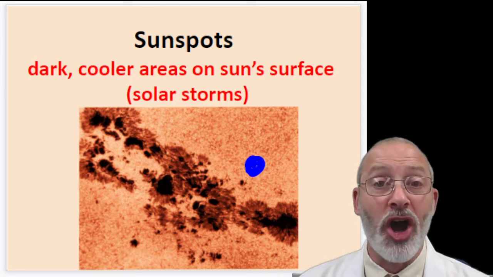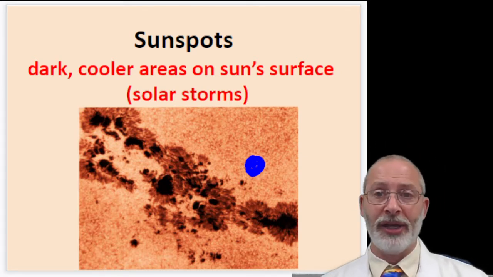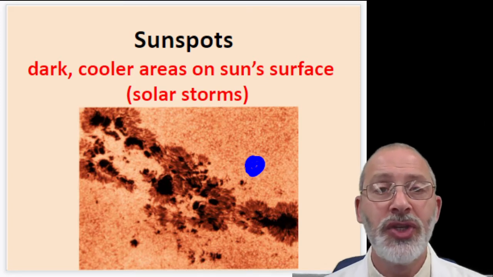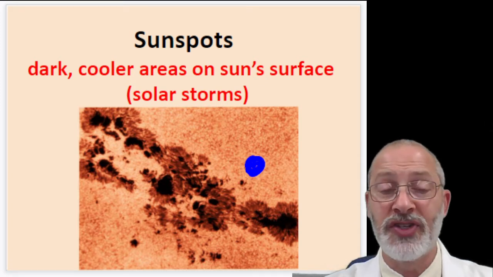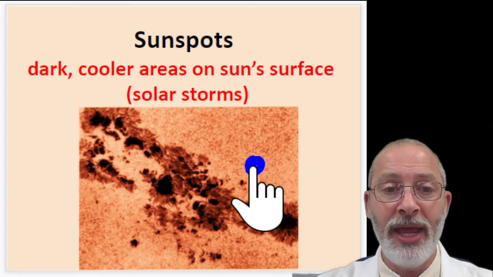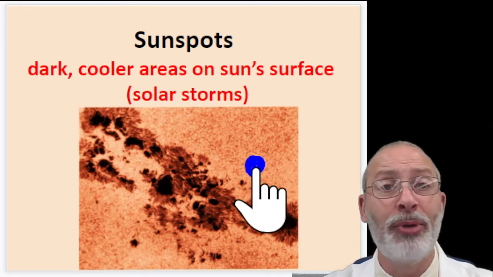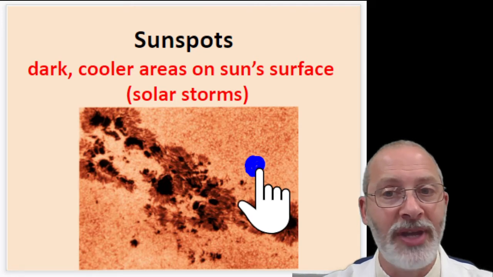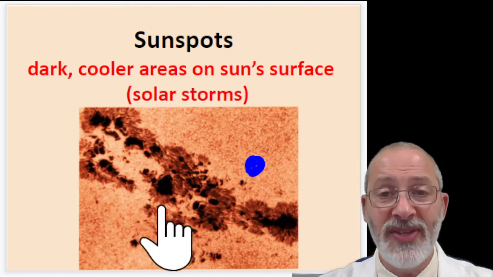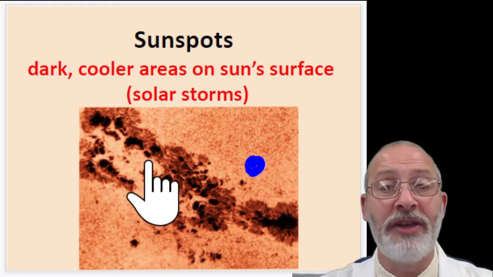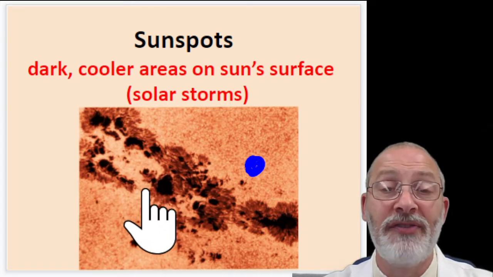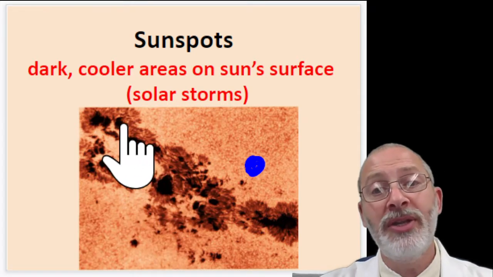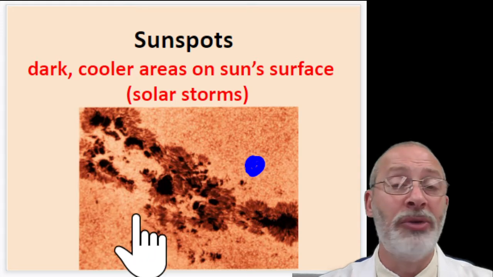Sunspots are dark, cooler areas on the sun's surface. Now, for scale, I've drawn a blue circle here to represent the size of our planet Earth. So the Earth is never this close to the sun, but this is an actual image, a photograph of the surface of our sun. And you can see that it's not completely uniform.